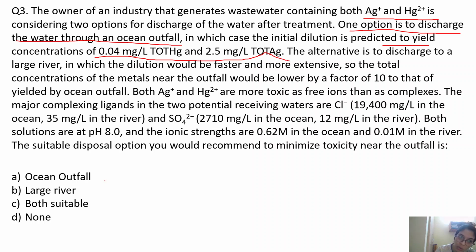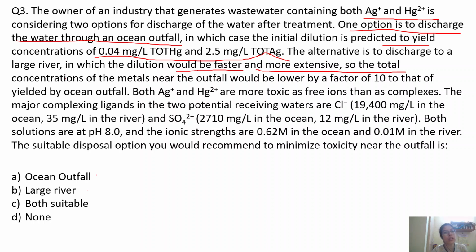So one is ocean outfall and the other is river discharge. The second option is to discharge to a large river, in which the dilution would be faster. In the river, dilution is faster because fewer ions are there and it is more extensive.